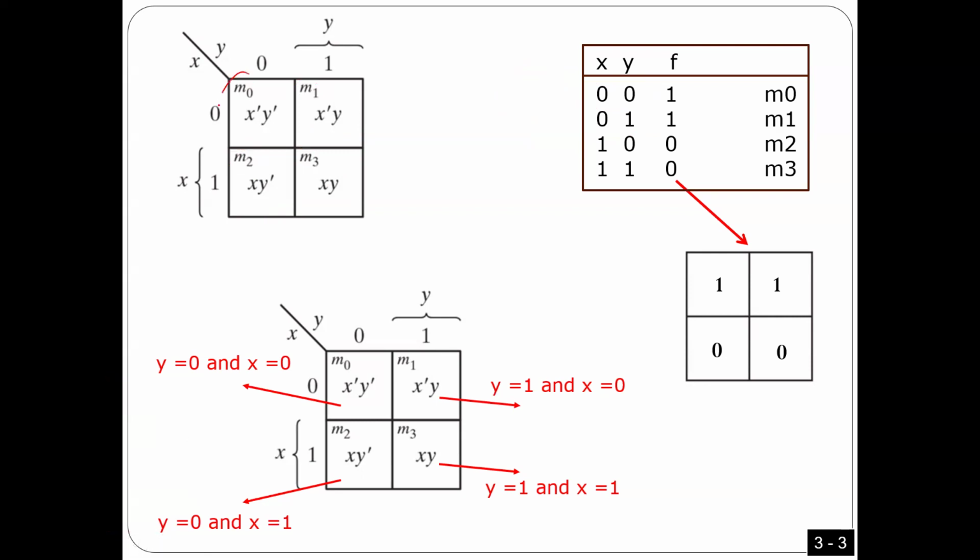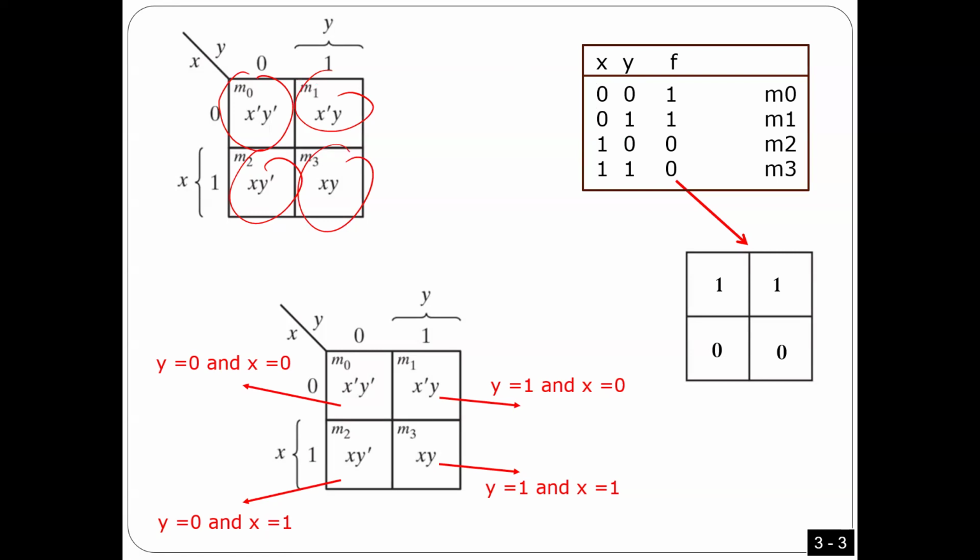Okay. That means there is 1 square for each min term. The first step, again, guys, what I'm doing here in 2 variables, same thing I will do in 3 variables, same thing I will do in 4 variables. The first thing you should understand is the map itself. That's what I'm explaining.